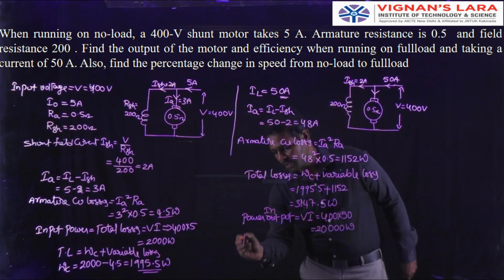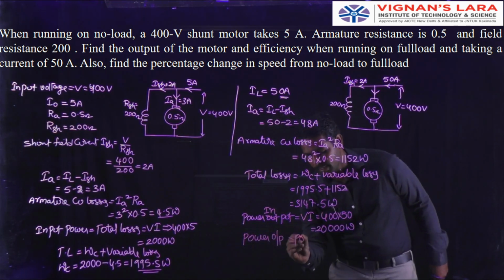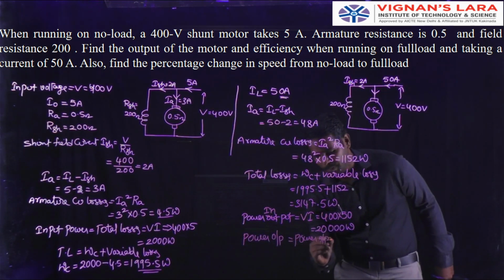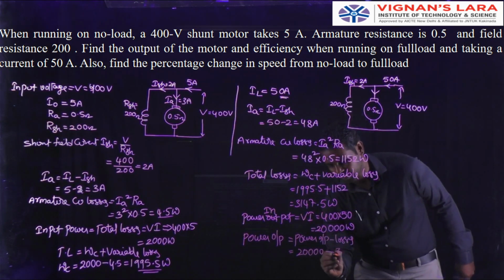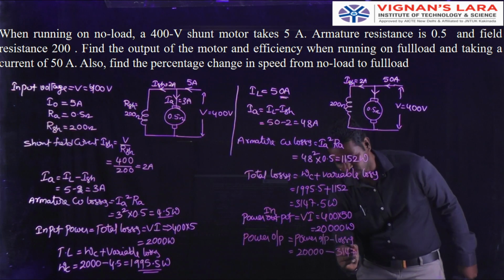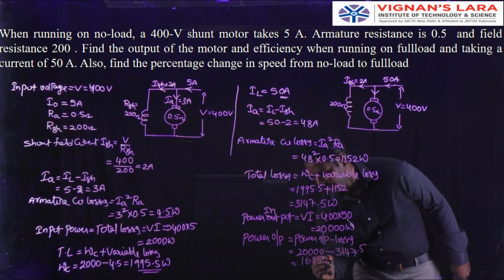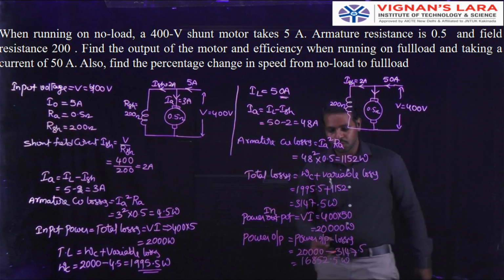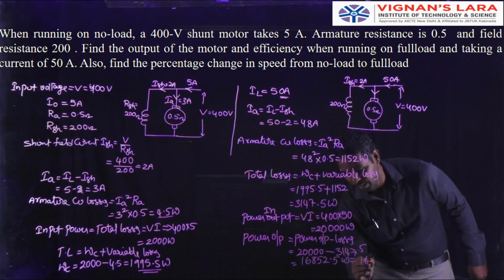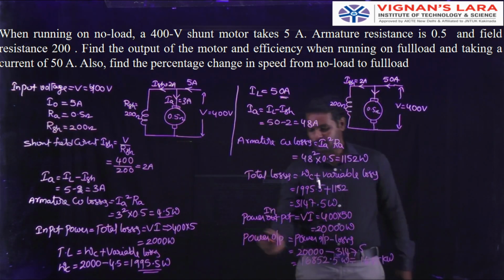Then power output is equal to power input minus total losses, which is 20,000 minus 3147.5, equal to 16,852.5 watts, which is 16.85 kilowatts. These are the power output.